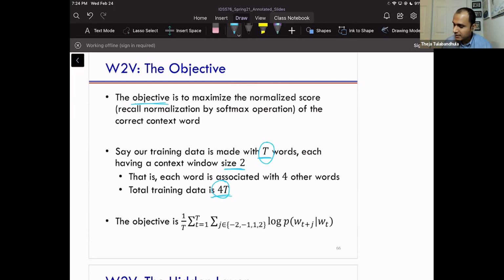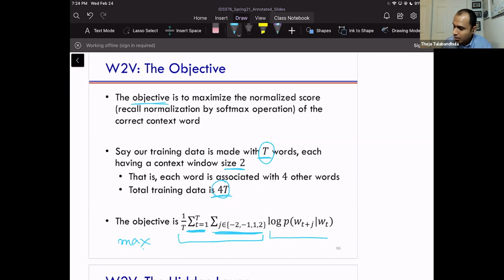For each of these training examples, I'm going to have an objective which I want to maximize. Instead of minimizing loss, now I want to maximize something. This summation is saying: sum over each word, and sum over all the neighboring words for each of these words.